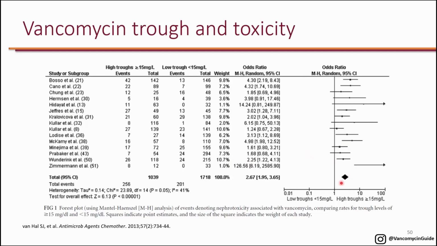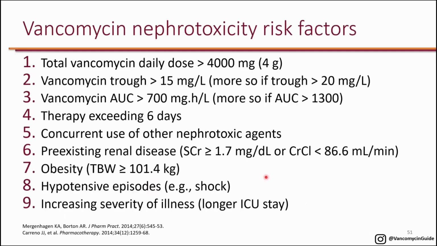And then the sum of all of these studies shows that there is a significant increase in odds of nephrotoxicity with a trough of greater than or equal to 15 compared to trough of less than 15. So, more and more evidence suggests that trough of 15 or higher is actually nephrotoxic.